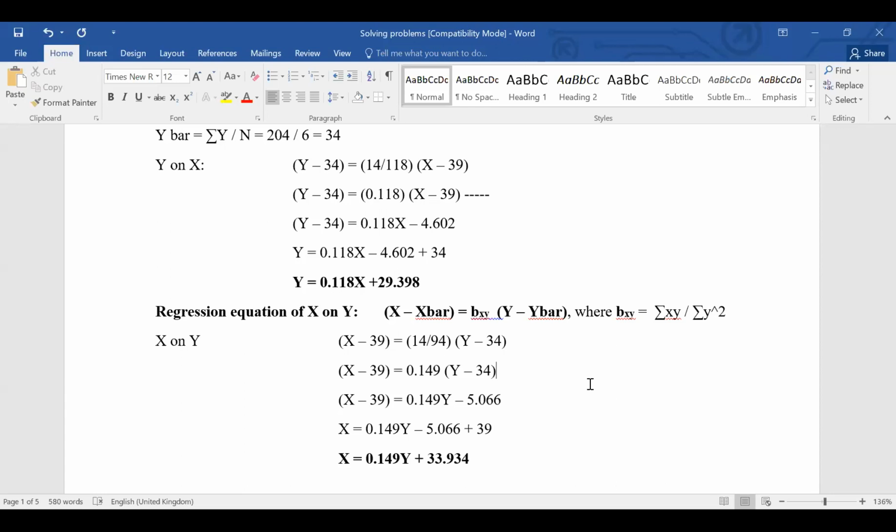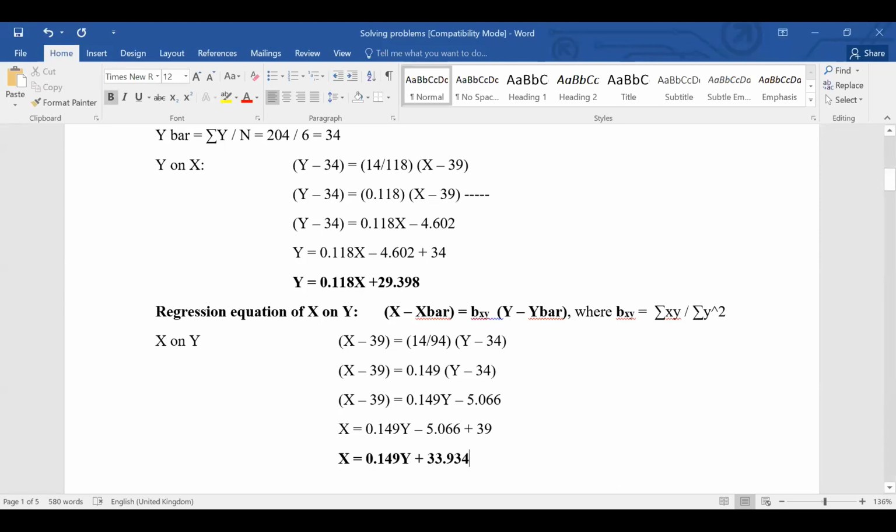Now we can stop the problem here itself. But in our problem, they are asking, when x equal to 50, what is y? And when y equal to 25, what is x?